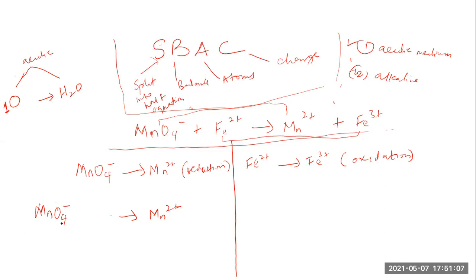So here, how many atoms of oxygen do I have? 4. How many do I have here? Nothing. So that means 4 oxygen is missing. So I must balance it with 4H2O.